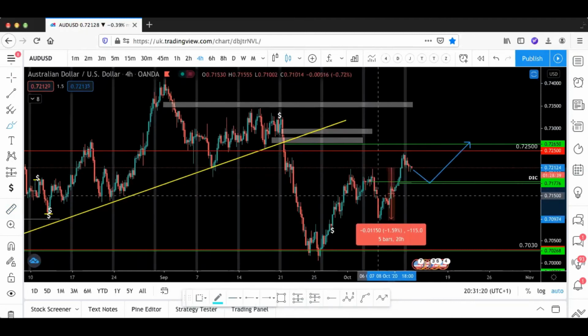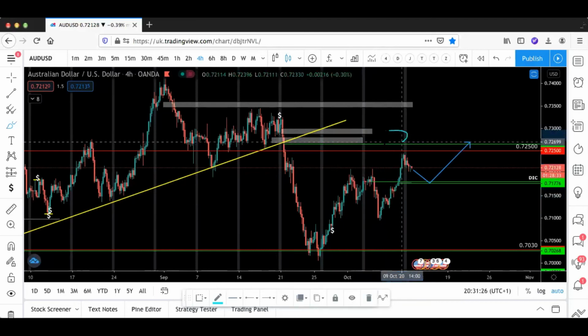I did mention that I'm anticipating AUDUSD to run higher toward this target area. Possibly we could anticipate some sell setups, right? Now the price is running towards the target. So what next? Now I'm anticipating a pullback, then price to run towards our target up here.